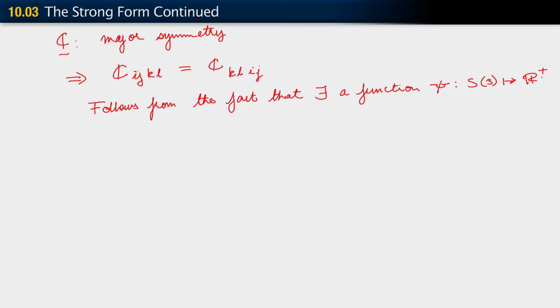So S3 is the space of symmetric second-order tensors. Now, there exists a function psi which is a mapping from S3 to R. It's in fact written as psi as a function of epsilon, and this is the strain energy density function.